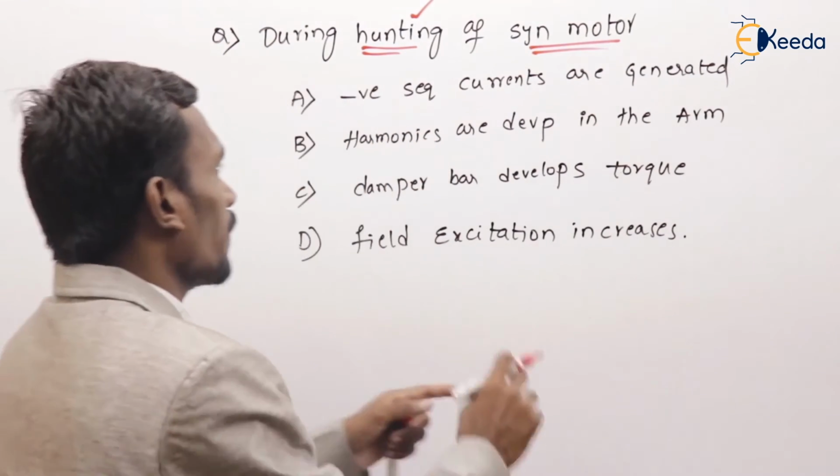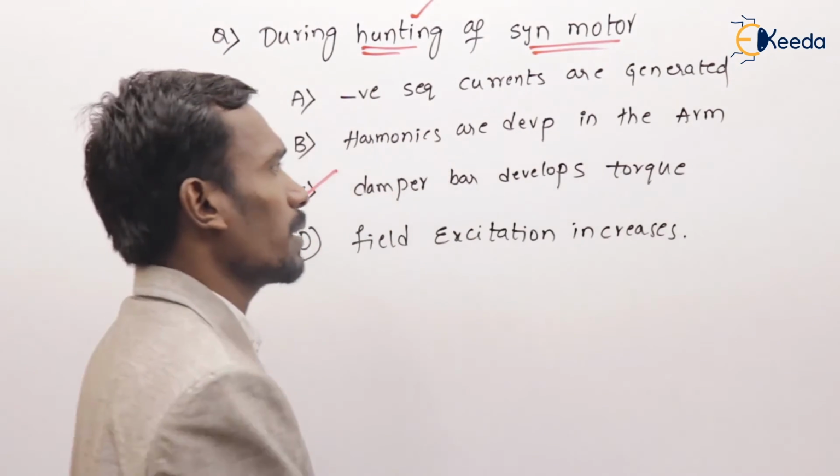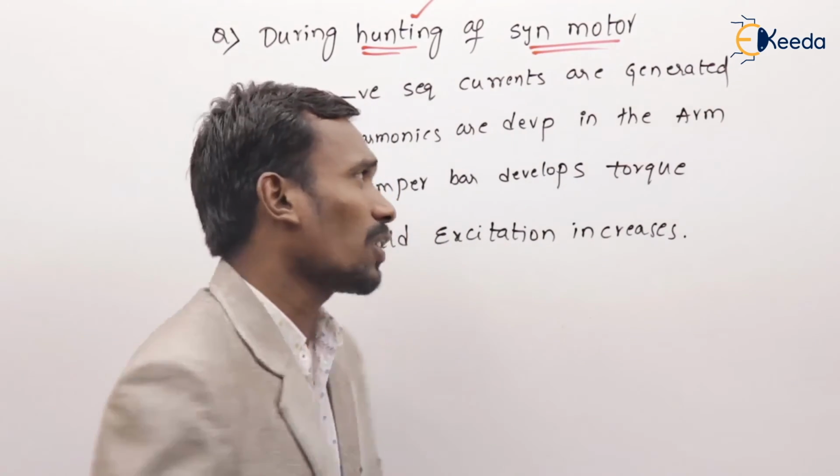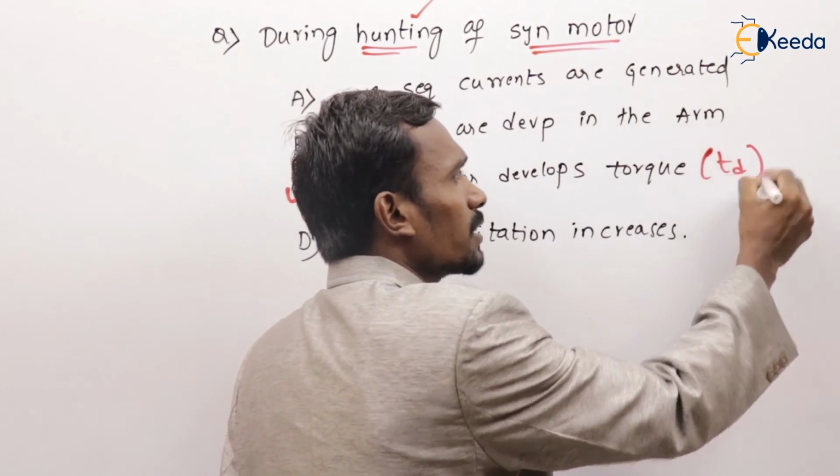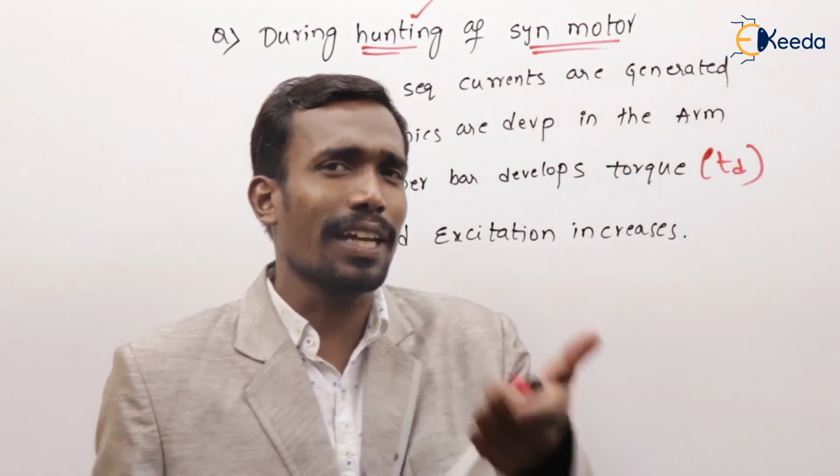Right? So our damper bar produces the torque which is called the damping torque, and this damping torque eliminates the hunting.